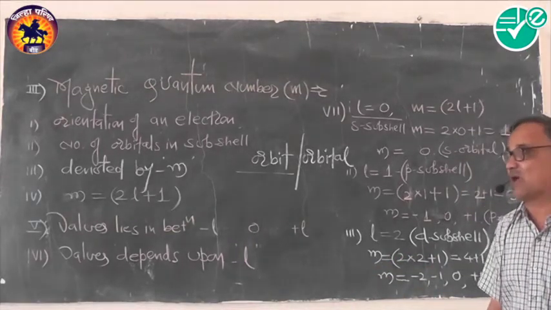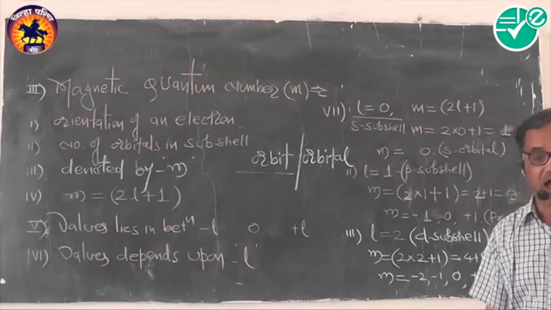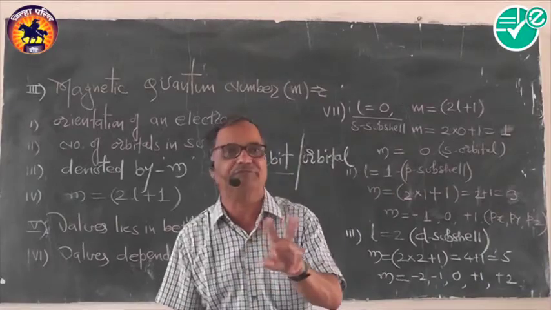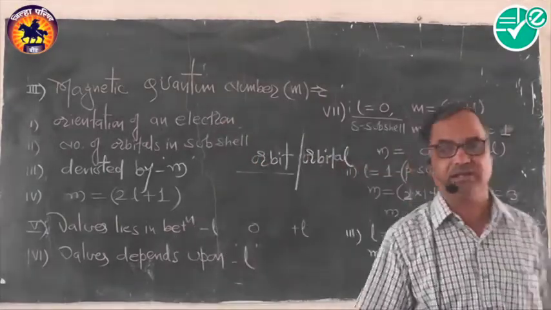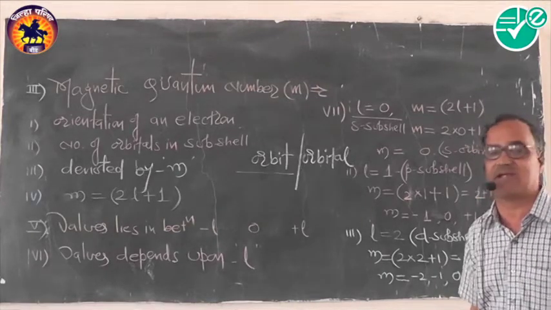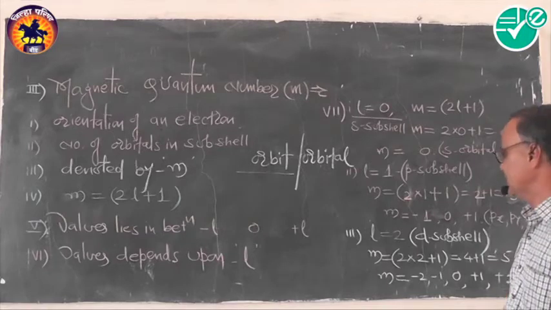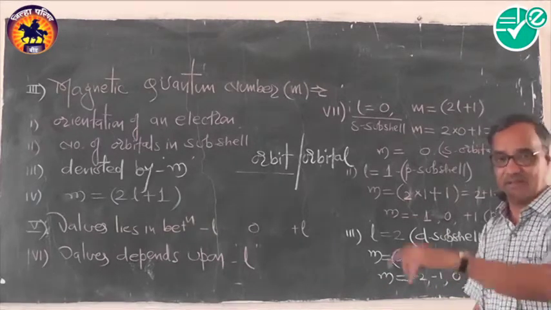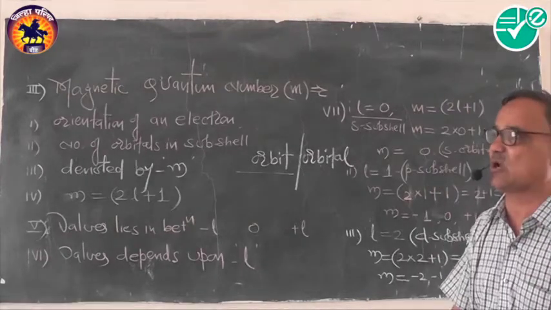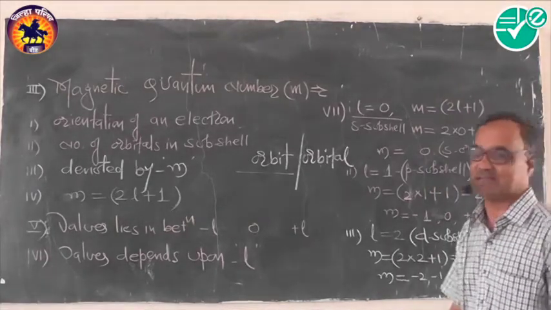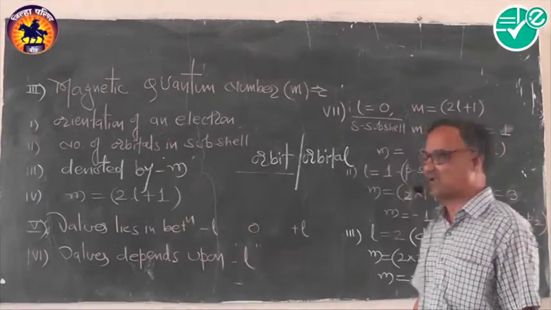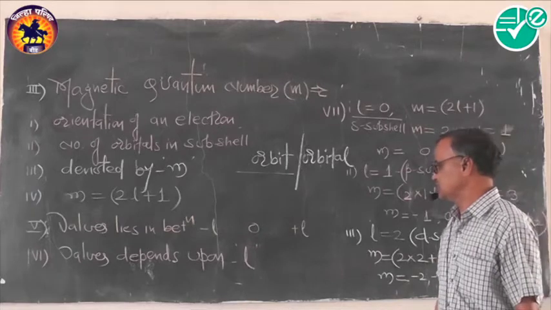We know that an electron rotates about its own axis in two different ways, that is, in a clockwise direction and an anti-clockwise direction. The momentum of an electron in a clockwise direction is denoted by the value plus l, whereas the spin of an electron in an anti-clockwise direction is denoted by the value minus l, and that's why the values of magnetic quantum number lie between minus l to 0 to plus l.